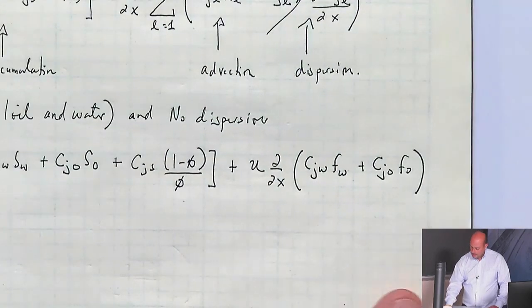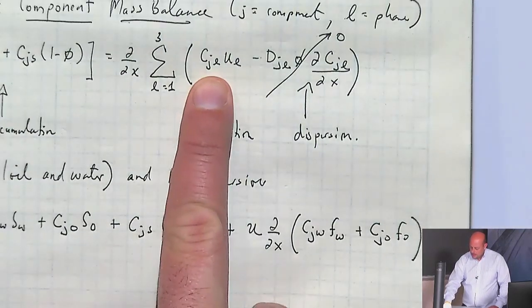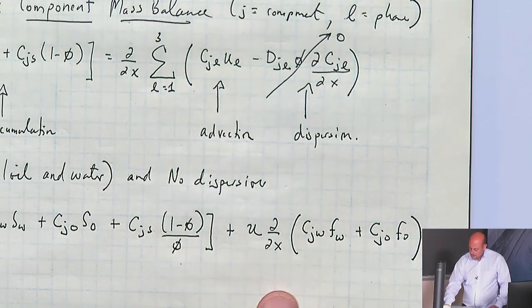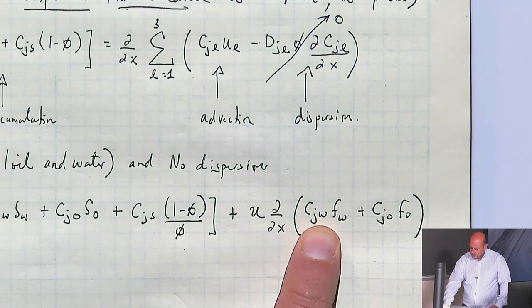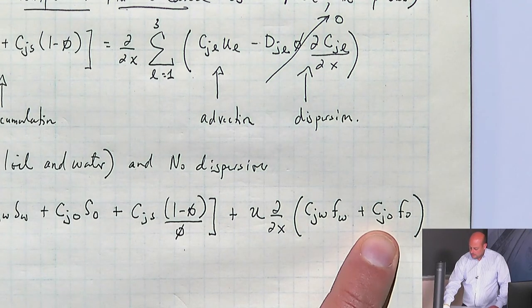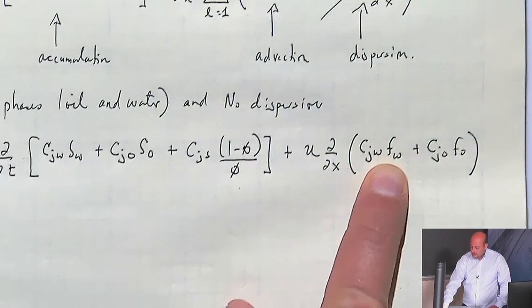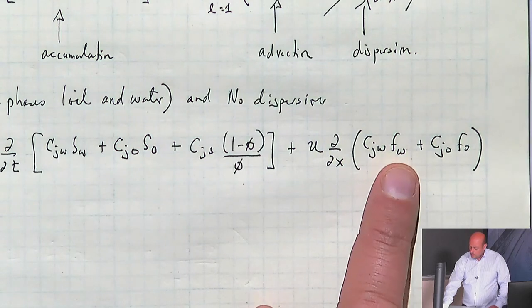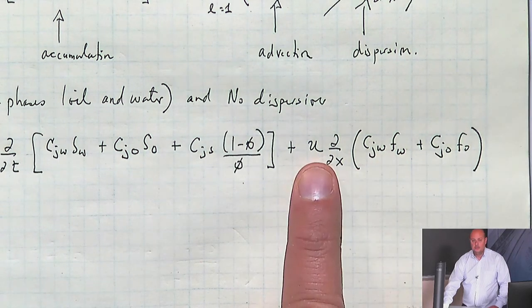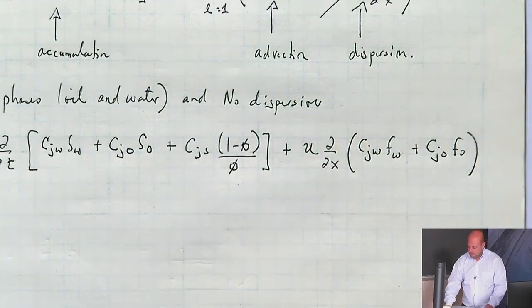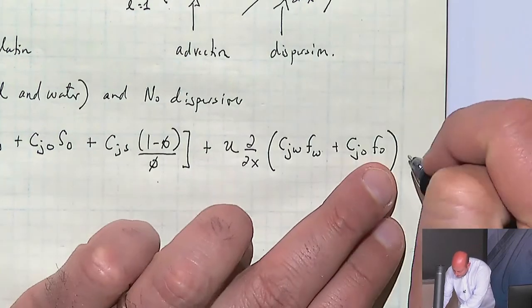On the right-hand side, we had CjL uL. So C of component J in phase L, like concentration of J in the water phase and concentration of J in the oleic phase. And we had the velocity of each phase, but we know that the velocity of each phase is equal to the fractional flow of the phase times the velocity. And because the velocity is constant, I can pull that out. And this is all going to be equal to 0.